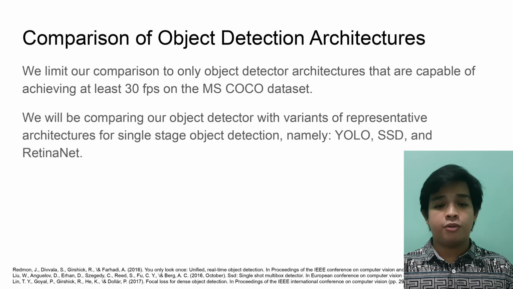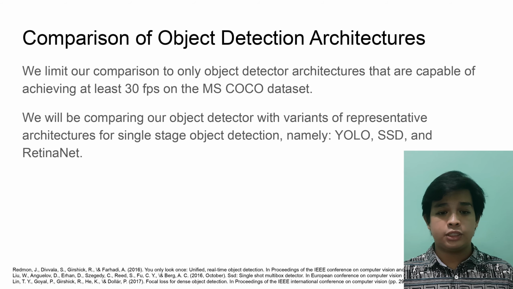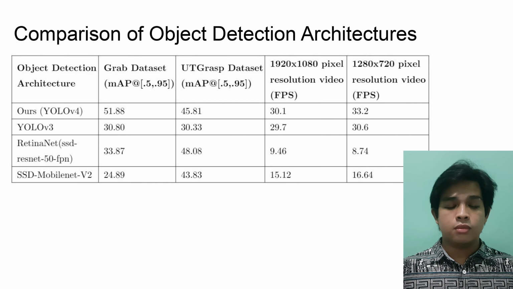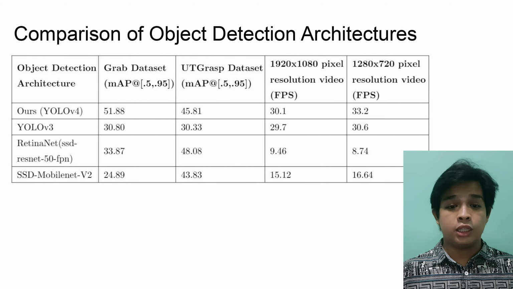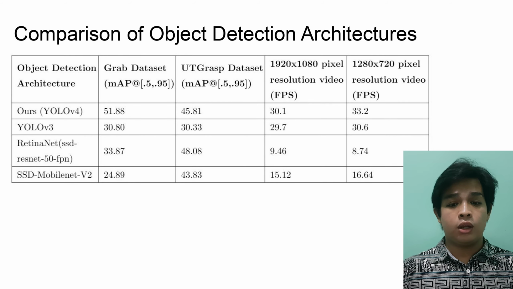Next, we compare the performance of our object detector to other modern object detection architectures. We evaluate these object detectors in average precision in our GRAB dataset and UT-GRASP dataset. Experiment results show that our object detector achieves similar performance to other object detector architectures when evaluated on the UT-GRASP dataset, which is limited only to images from the egocentric viewing angle.